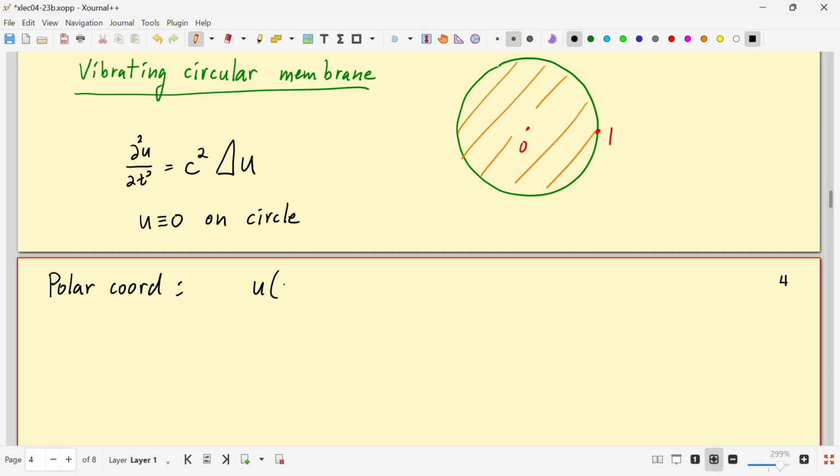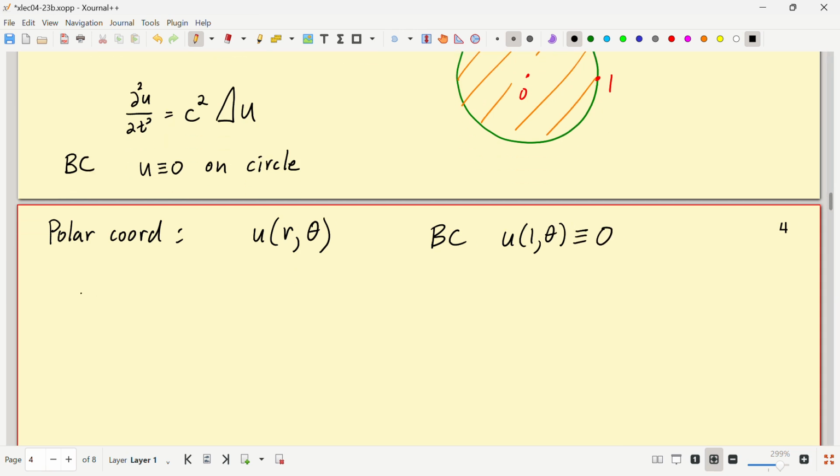So I've got polar coordinates. I'll have u of r, theta. And so the boundary condition is u of 1, theta is always held at 0. And then we have initial conditions, which I'll call IC.